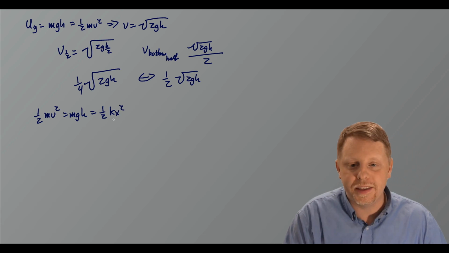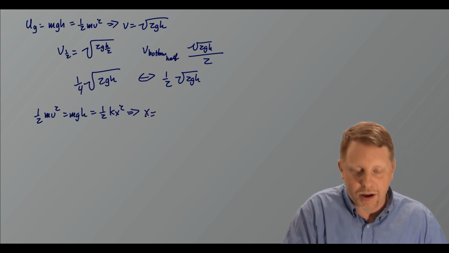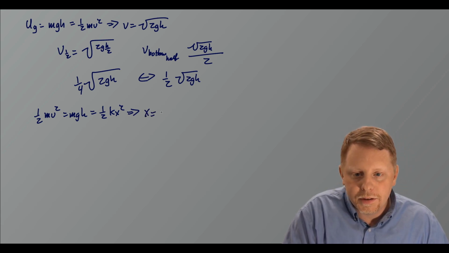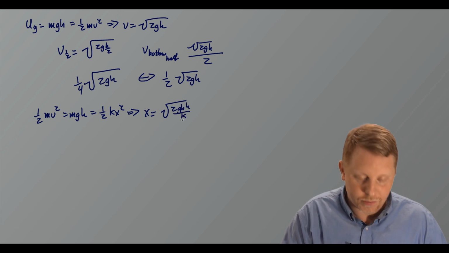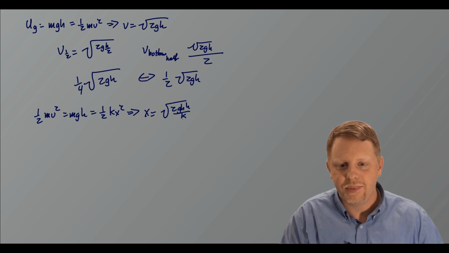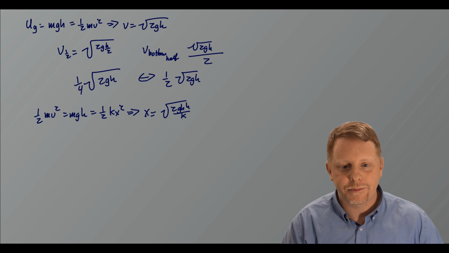So take this part of the equation, let's solve for our maximum compression x, and come up with square root of 2mgh over k. So there's your maximum compression. Again, just some algebraic manipulation.